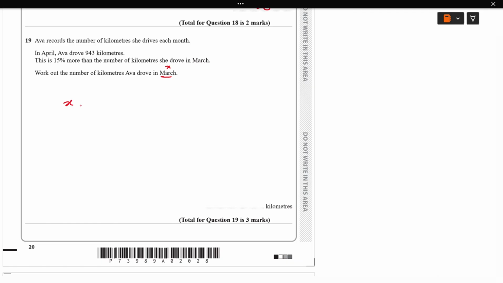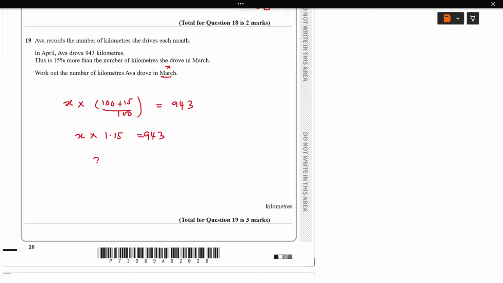So x times the increase. Increased means 100 plus 15%, so it's over 100. That is x times 1.15 equal to 943.